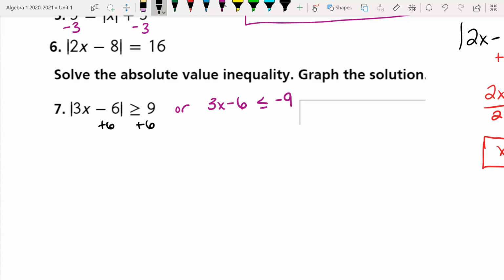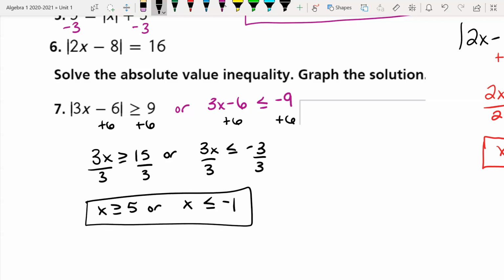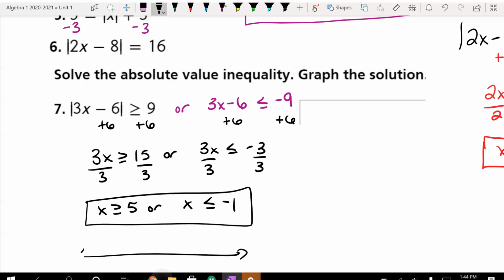I'm going to add 6 on both of them to solve them. I'm going to divide by 3. And I get my 2 answers. So it's greater than or equal to 5, less than or equal to negative 1.